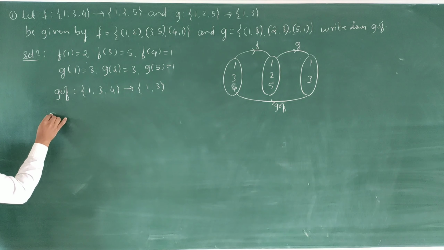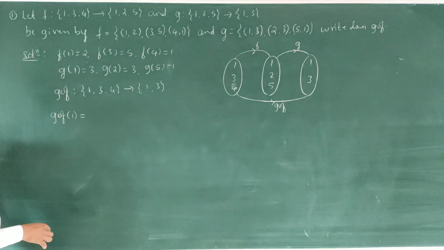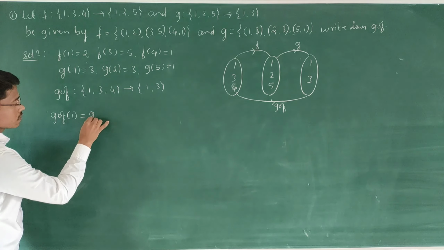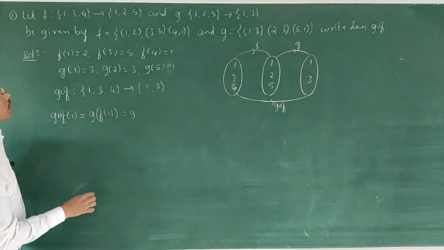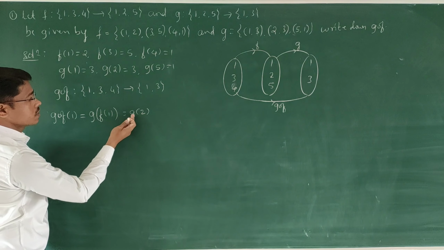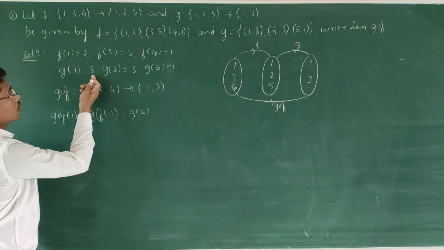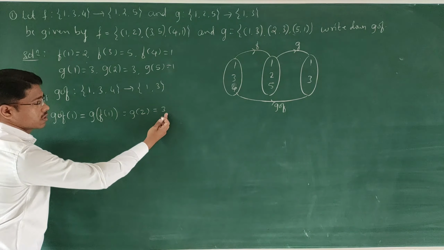Now write down the graph. Graph of 1 equals g of f of 1. f of 1 is 2, and g of 2 is 3. So graph of 1 equals 3.